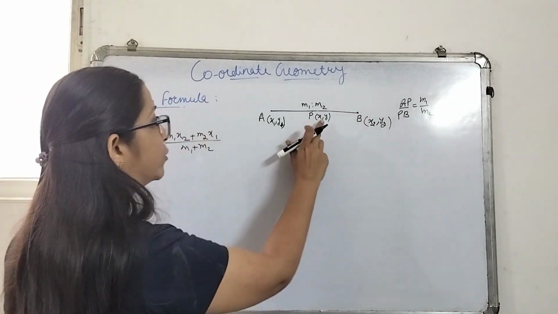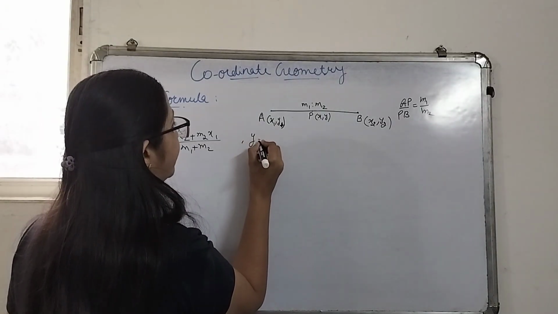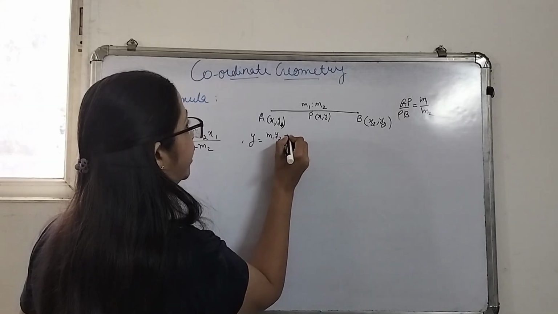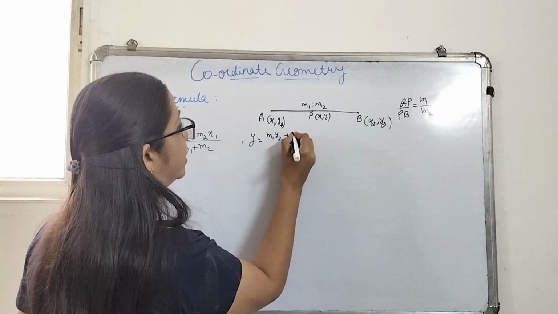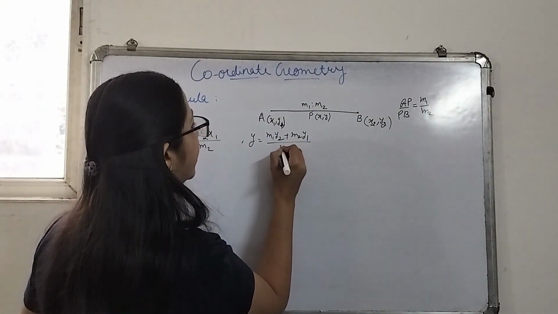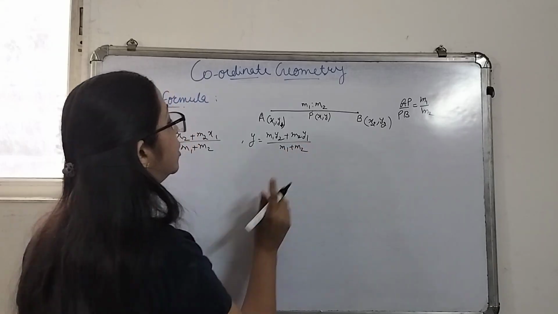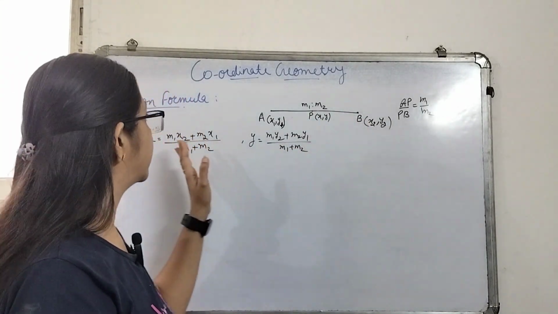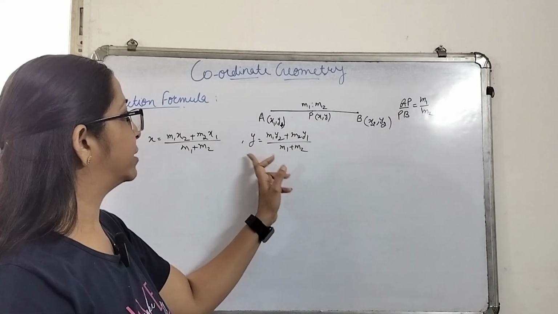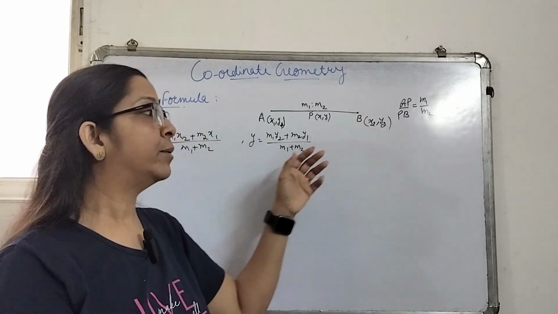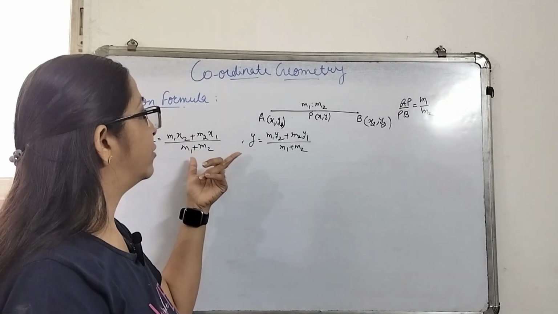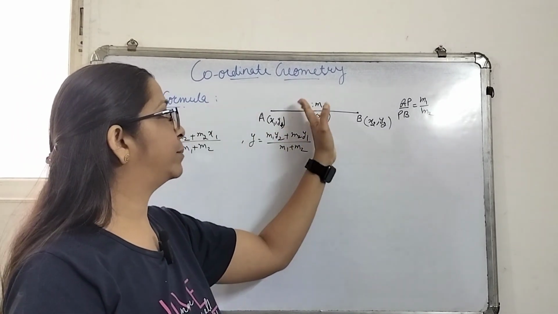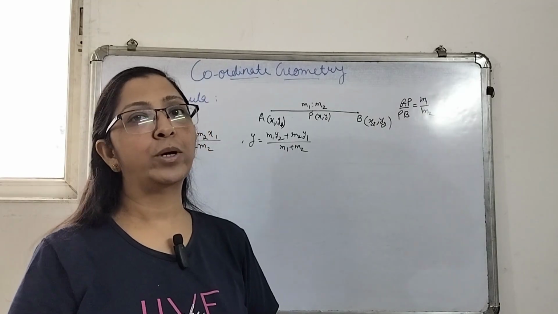Now what will be the value of the y coordinate? y will be m1 multiplied by y2 plus m2 multiplied by y1, divided by m1 plus m2. So these are the coordinates of the point P: the x coordinate and the y coordinate. Using this formula, we can find the coordinates of the point which is dividing the line segment AB in the ratio m1 is to m2.